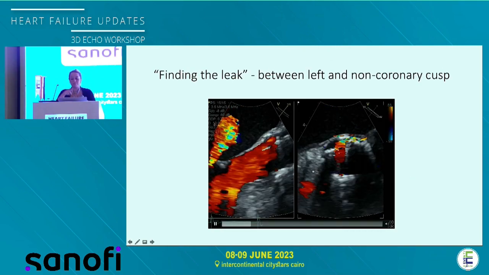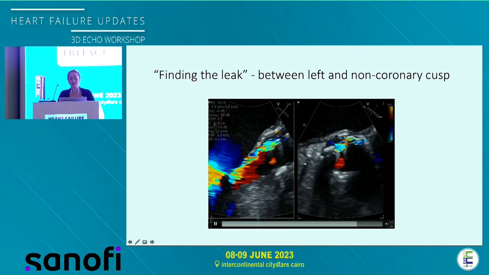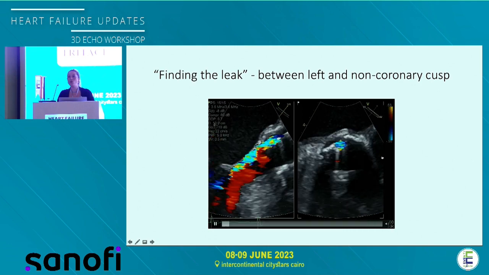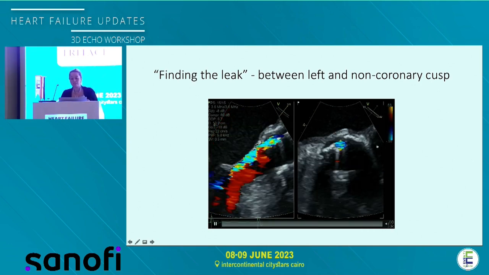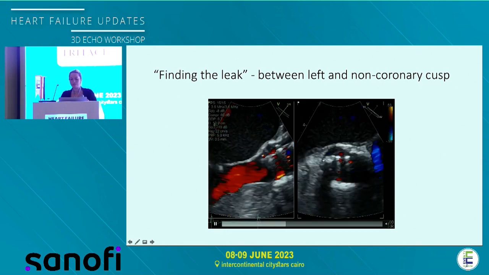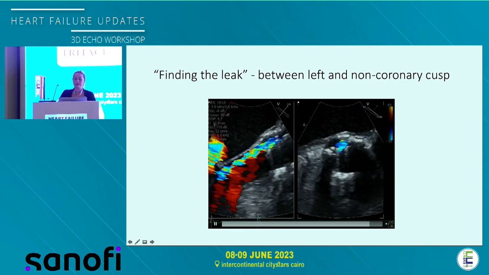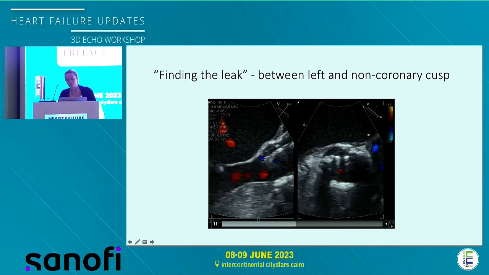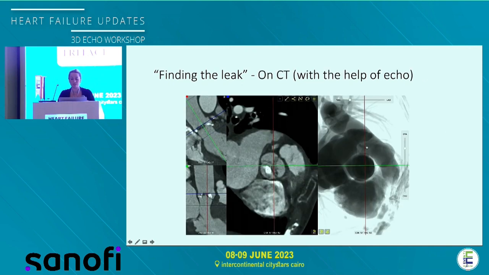We sent the TOE probe, and you can see there was a severe PVL. At the beginning, the patient had no native valve regurgitation. It was at 12 o'clock position. Here is the interatrial septum, here is the defect, and it is towards the left atrium with a 60 degrees angulation.